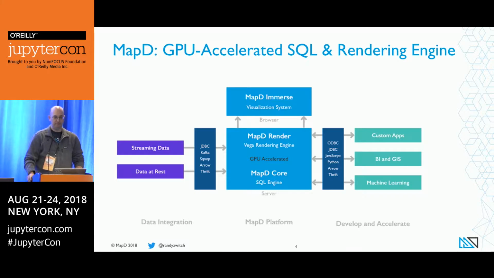So what is MapD? MapD is a GPU-accelerated SQL and rendering engine. If you're familiar with what a GPU is, originally they were for rendering graphics on your computer terminal.